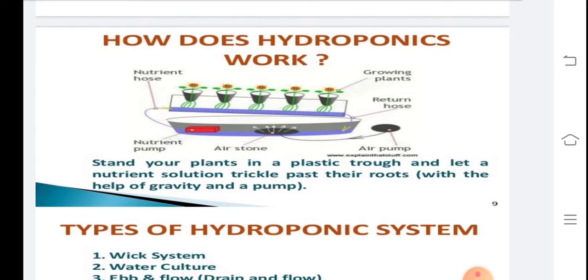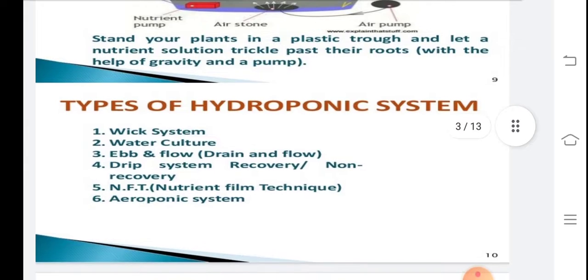So this type of system is generally used. Generally the plants stand in a plastic tub, right? And the nutrients trickle fast to the root system. This is a very interesting part, and I think this system is used nowadays.